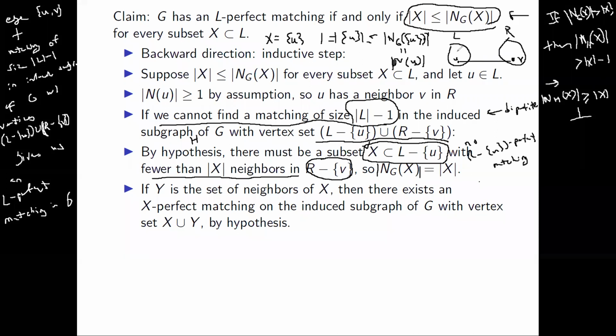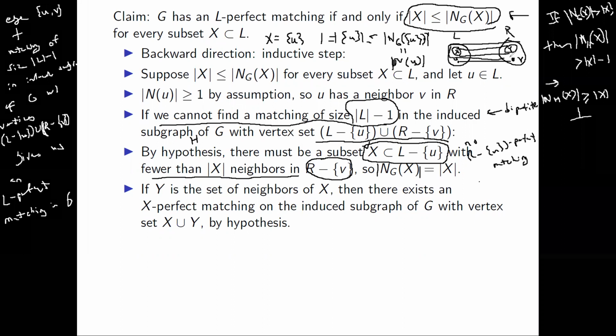So here's X, and then all the neighbors of X will go right here. They'll be Y. And then we can look at the induced subgraph of G where the vertex set is X union Y, maybe I'll put it in a rectangle here.